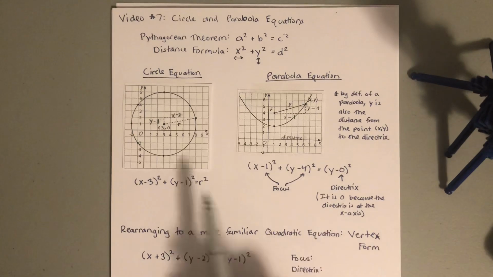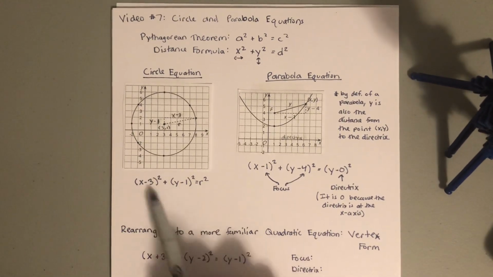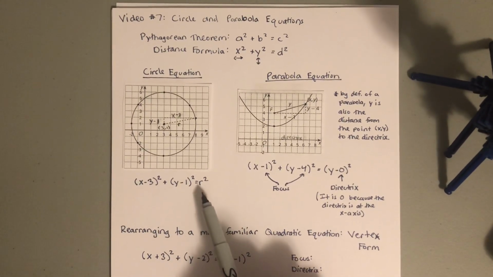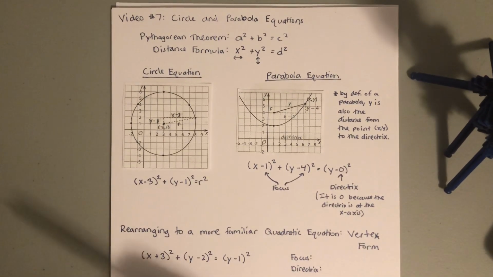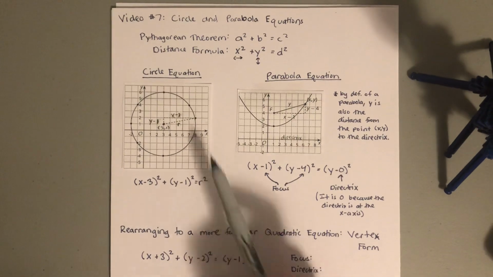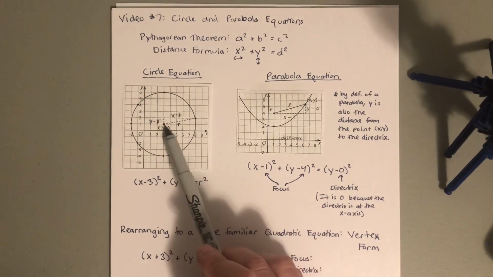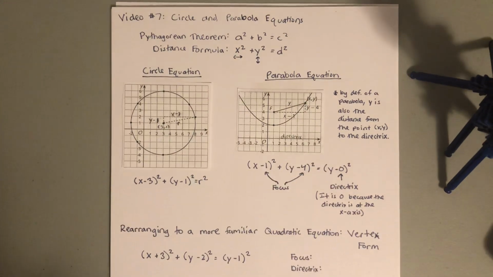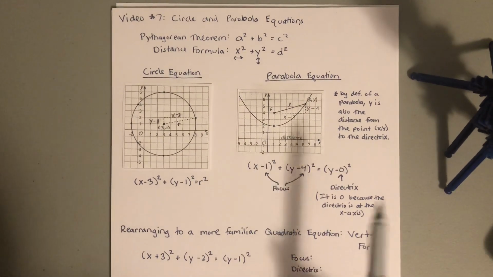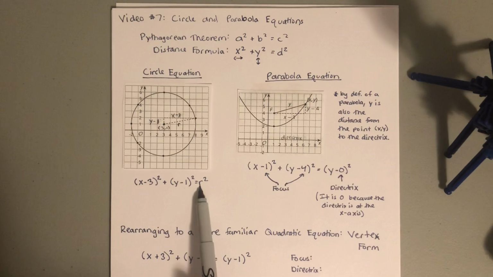So this is the equation of a circle over here, and it looks very similar to the equation of a parabola because they both build on this idea of the distance between two points, either the center and a point on the circle, or the focus and a point on the parabola. The difference is that over here, this is the radius, it's just going to be a number.